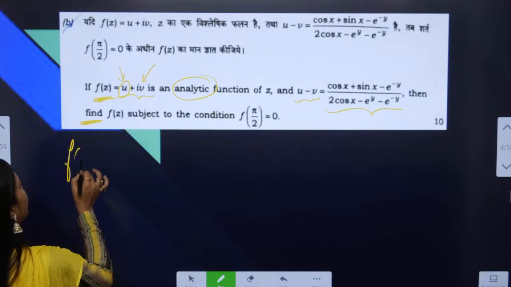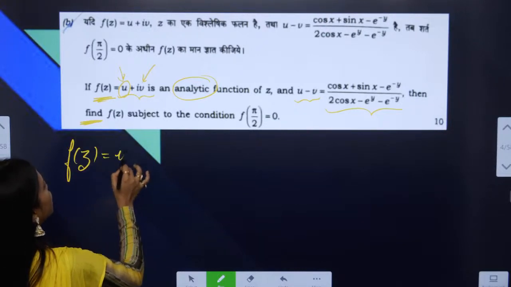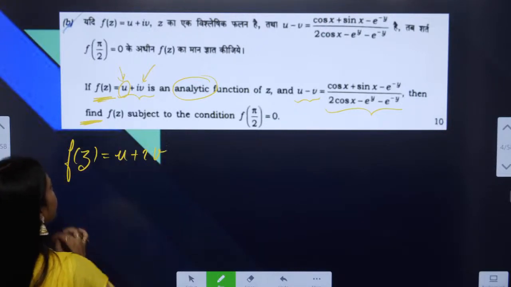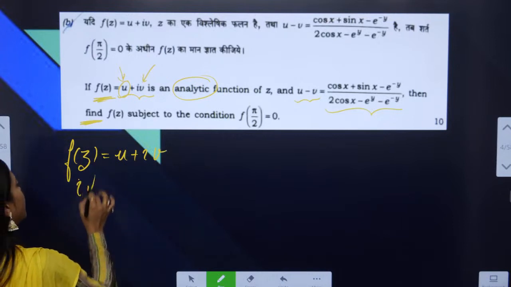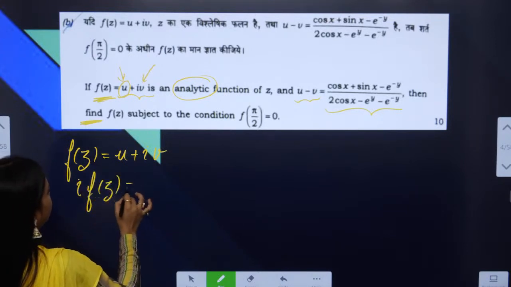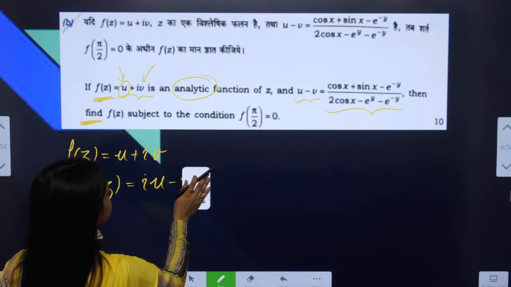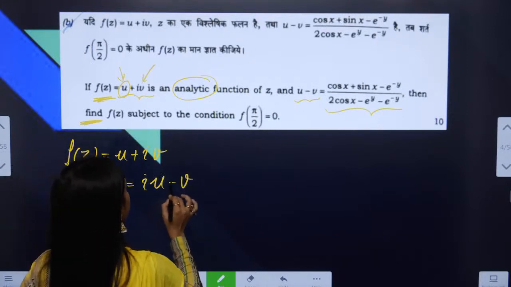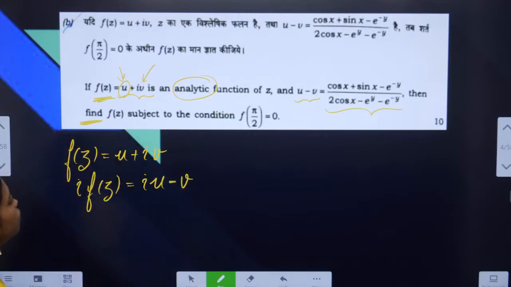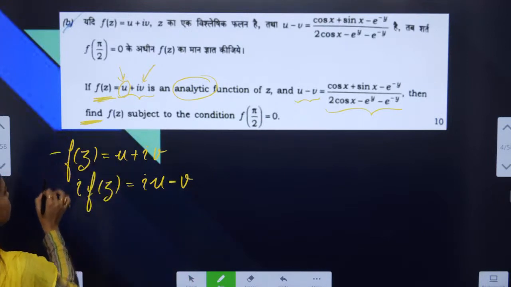See, f of z was given to you as u plus iota v. So iota times f of z would be iota u minus v. What you can do is just add these two.